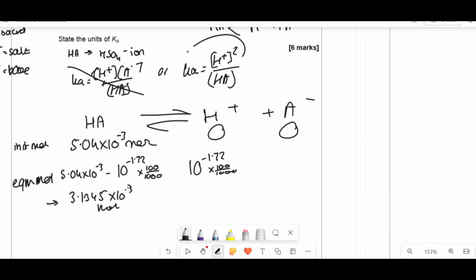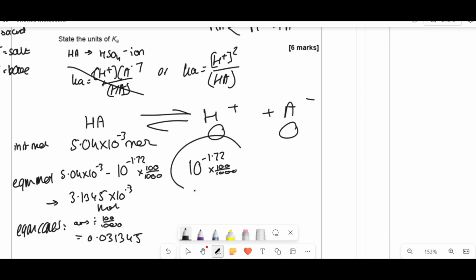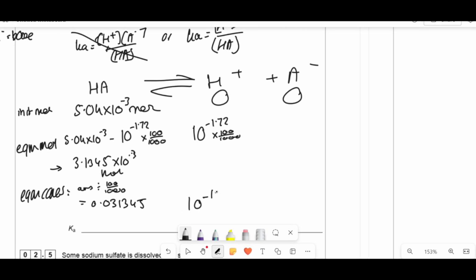Now, we need the concentrations to use this, so our equilibrium concentration would just be that answer divided by 100 over 1,000, which would be 0.031345. And here, that's just going to be the same as this here, the concentration, 10 to the minus 1.72.